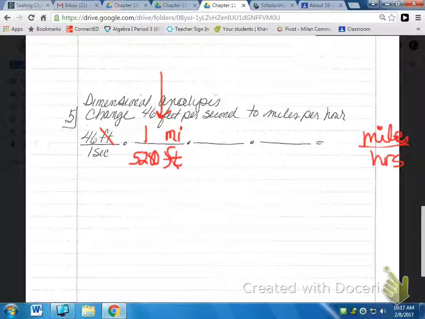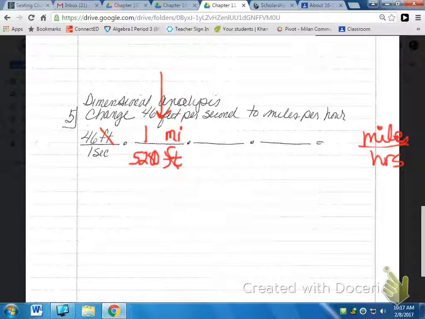So right now, with those numbers, if I multiplied or divided, whatever you need to do, in this case it would be divide. Right now I'd be miles per second, because that's what units are left there. But we don't want miles per second, we want miles per hour, so I'm going to go from seconds to minutes.